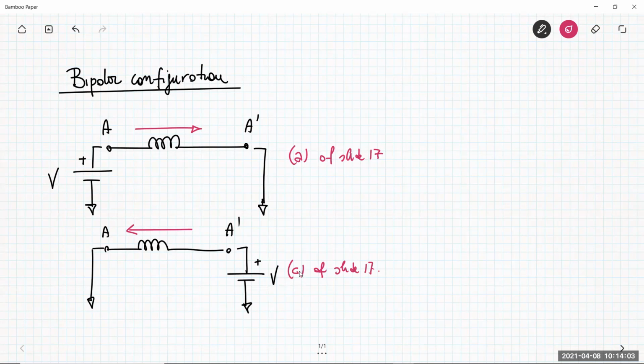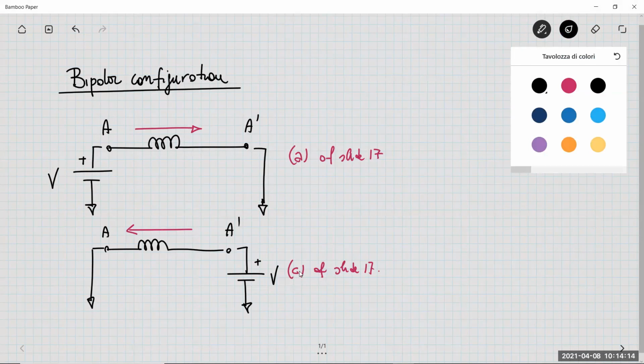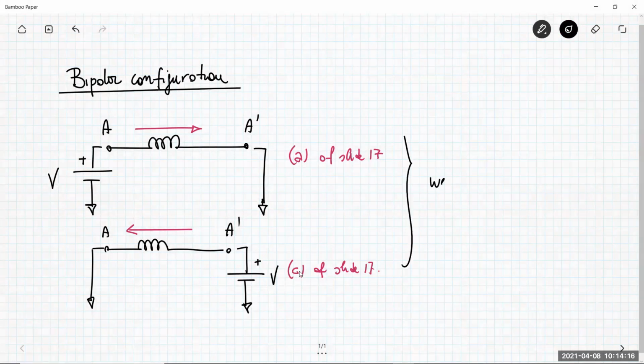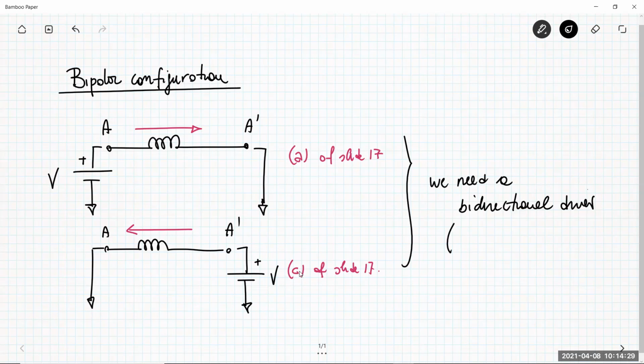In order to drive this kind of bipolar configuration, which is the simplest one, and I showed in my previous discussion, we need a specific driver, which is the bidirectional driver. This bidirectional driver requires what is called a full bridge or an H bridge.